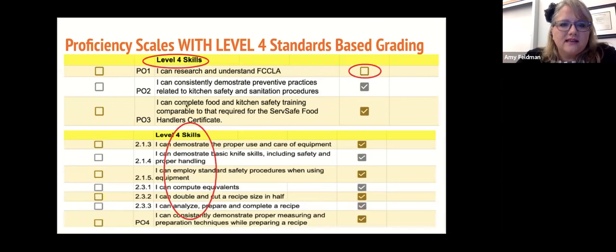Level 4 is things like research, consistently demonstrate, complete, demonstrate, employ, compute, double. And some of these strands and standards are going to be different if you're teaching math or something, but you have to come up with a word base.